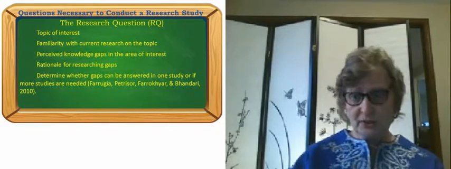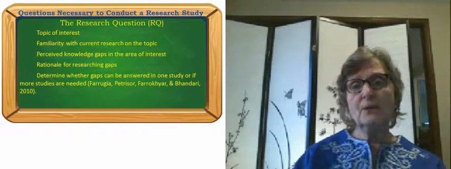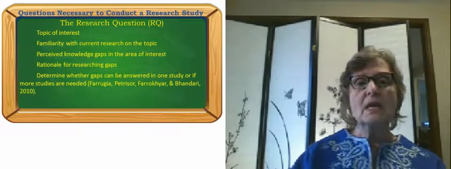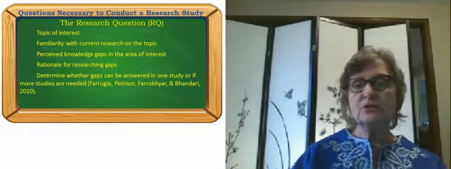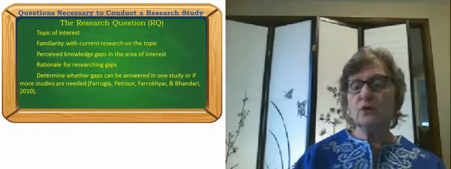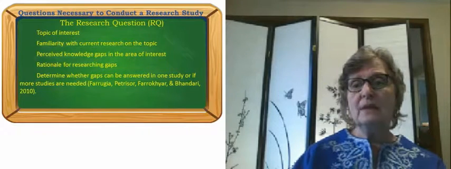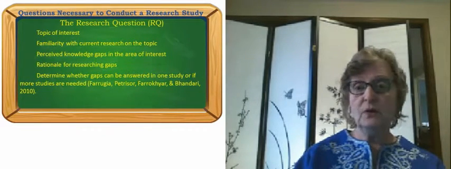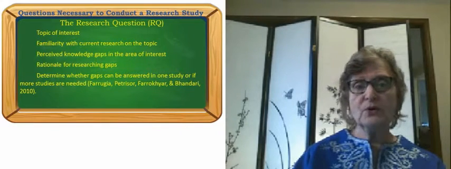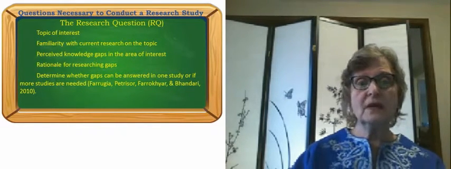The research question, which is abbreviated capital R, capital Q, is based on a topic of interest, of course. The researcher has to be very familiar with the current research on the topic, meaning that he or she must have done an exhaustive literature review, have talked to experts, and really know what the topic is.